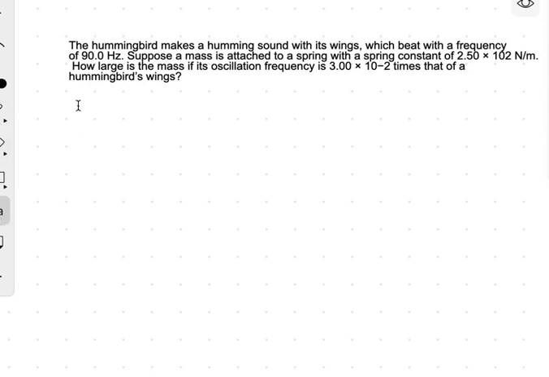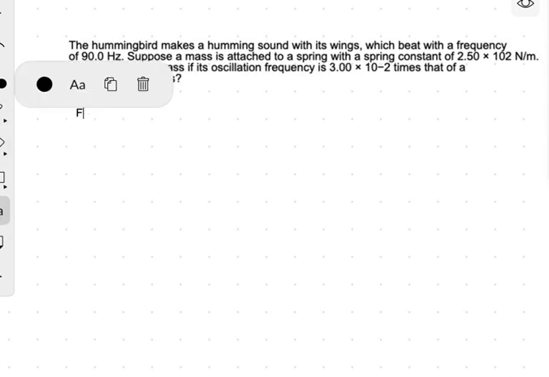So let's write down our variables first. The first thing that we've been given is the frequency of the hummingbird, and then we've been told that the frequency of the mass spring system that we're looking at is the frequency of the hummingbird times 3 times 10 to the power of negative 2.